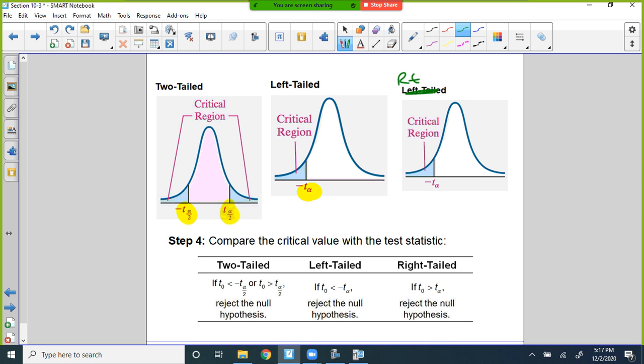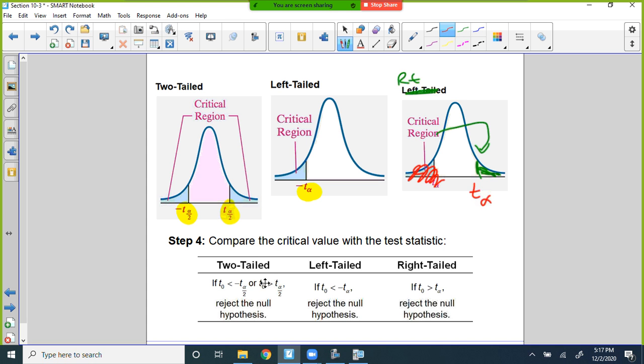Let's go right tail, and we'll go here, right? We're going to say critical, and this is going to be T alpha, or the critical T right there. All right. So that's what we're looking at.